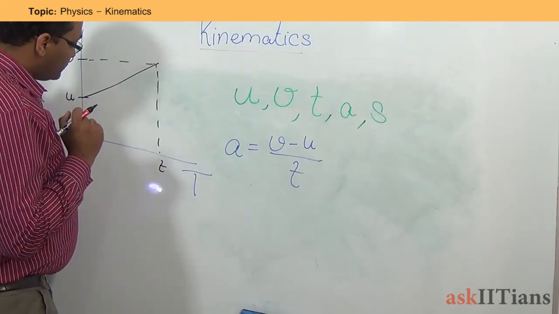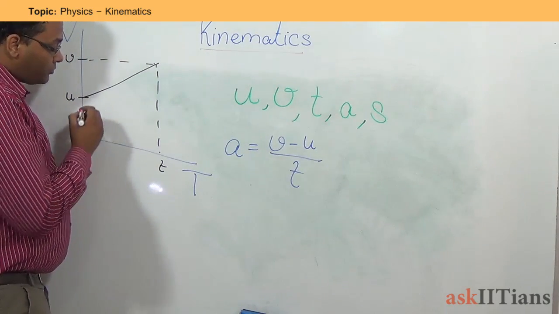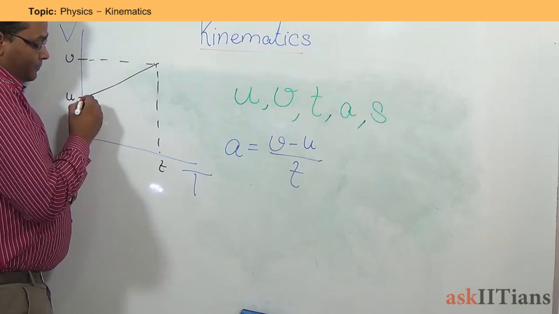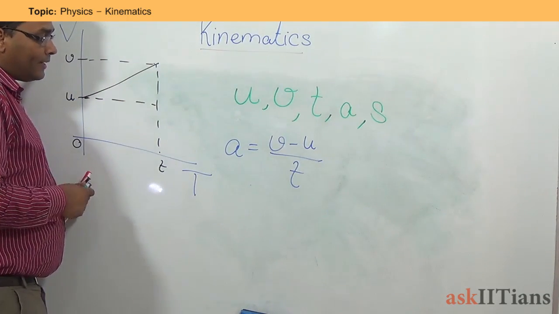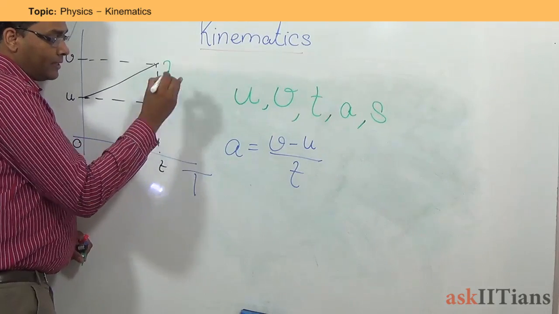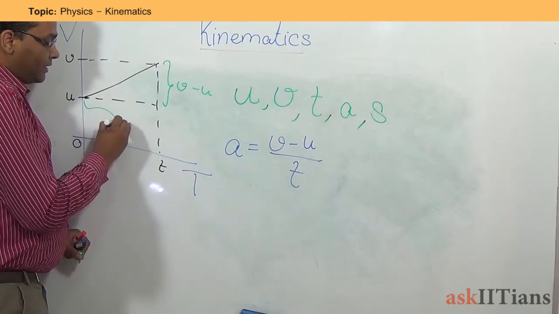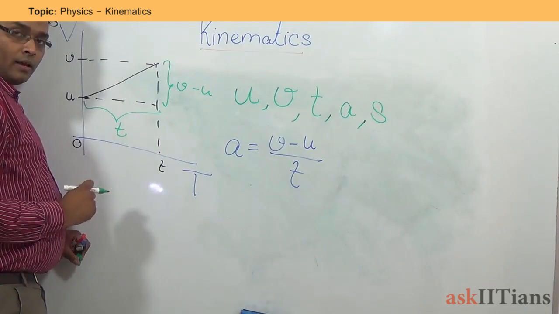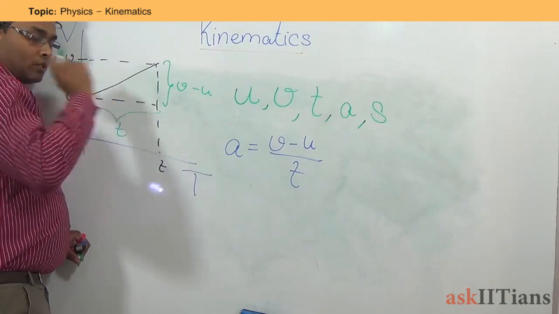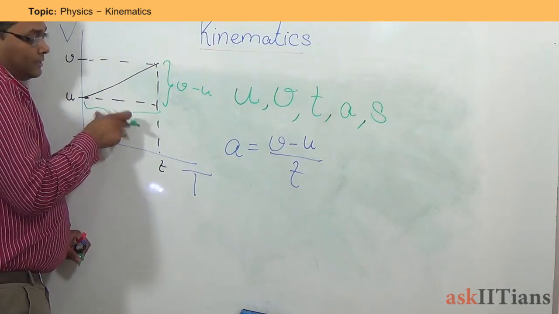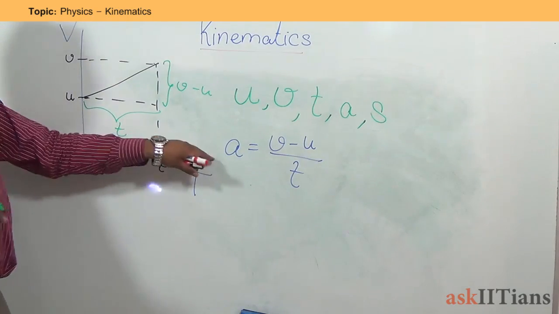Okay, so from this graph, if I am required to find out how much the acceleration is, how do I do it? If I just join here, effectively I will get this particular value, that is the vertical distance, which is equal to v minus u, right? And similarly, this is equal to t. Therefore, the slope of this graph, slope basically meaning the vertical change in height divided by the horizontal change, with vertical change v minus u and horizontal change t, gives me the acceleration a.